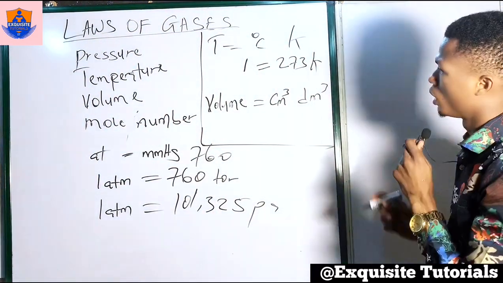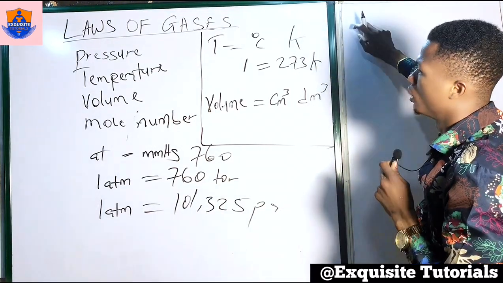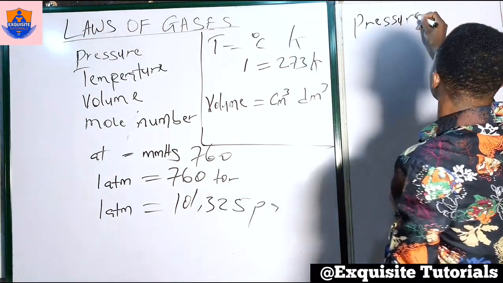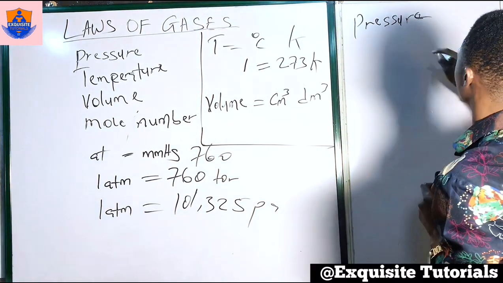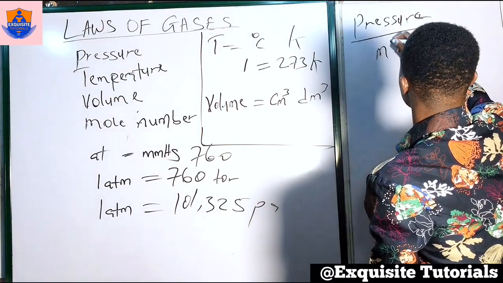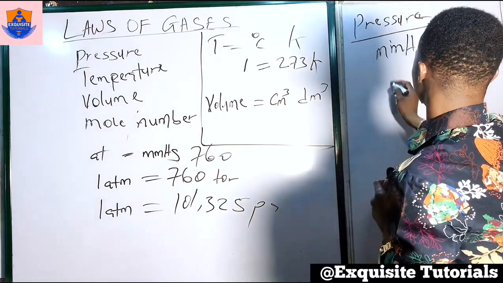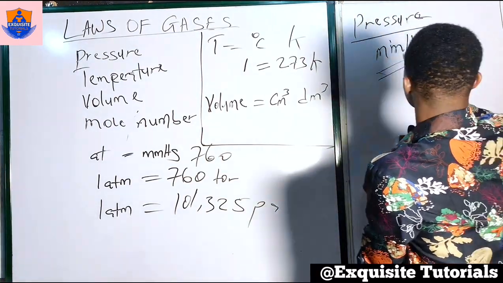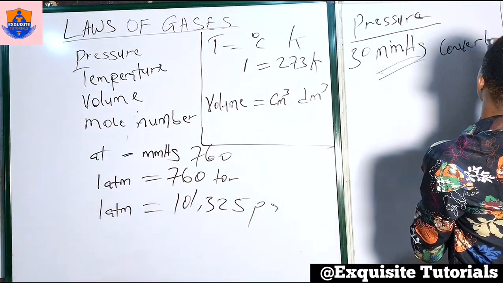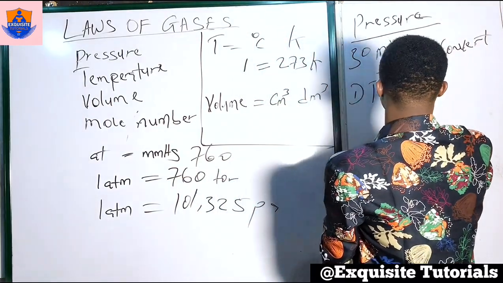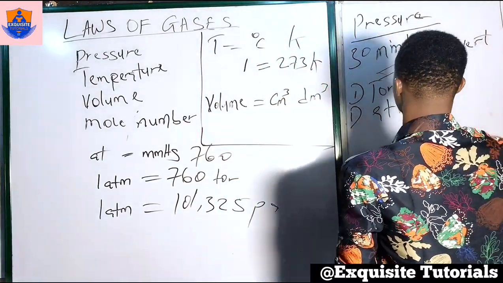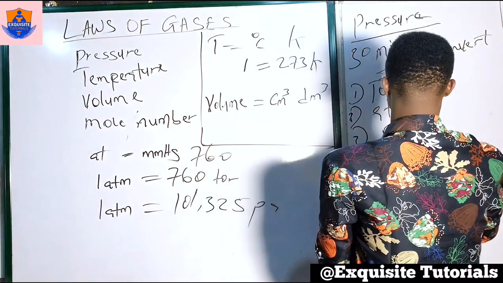Let's say you want to calculate for the pressure of a gas, and you are given your pressure in millimeter mercury, say 30, and you are asked to convert the first to torr, the second to ATM, and the third to Pascal.